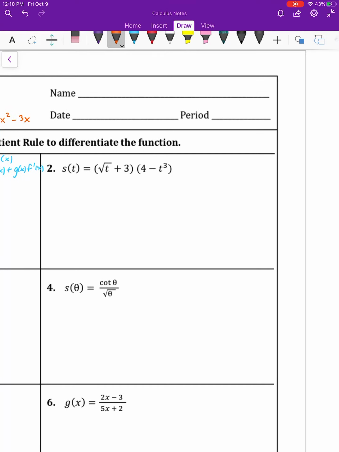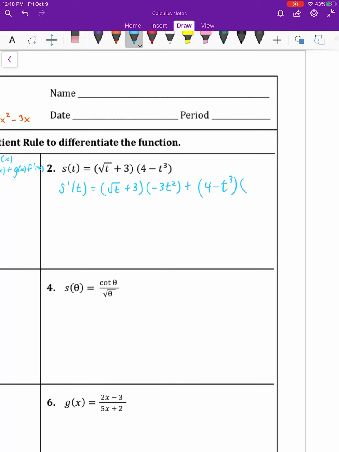I thought that this one was tricky, number 2, so I'm going to go ahead and do that one also. So, like we said, our product rule is the first times the derivative of the second plus the second times the derivative of the first.